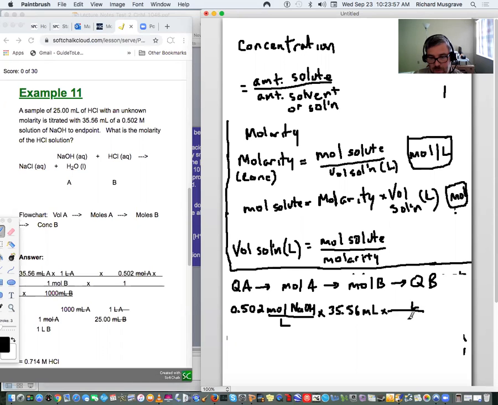So the liters will be on top, the milliliters will be on the bottom, 1 liter, 1,000 mL. So by doing all of that, we have moles of sodium hydroxide, which is what we want first. So we're at this point here right now. Now we need to get to moles of HCl. So moles of HCl will be on top.